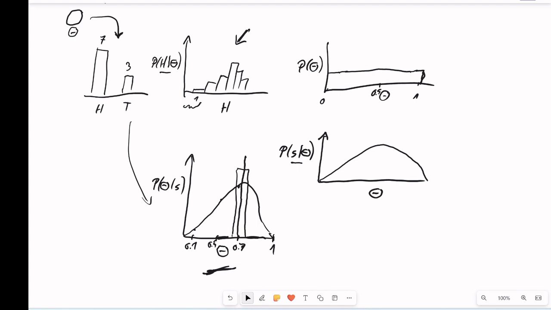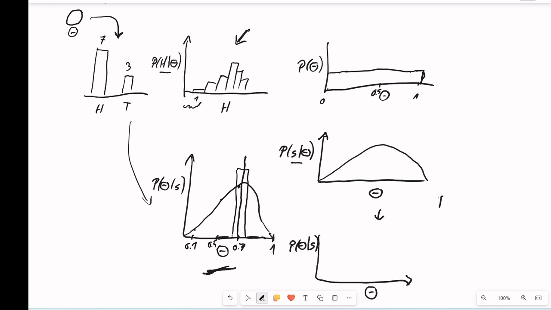And from this one, we're then going on to what we're eventually interested in, which is the probability of parameter given observed sample. And on the x-axis again, theta. So how are we going to get this?